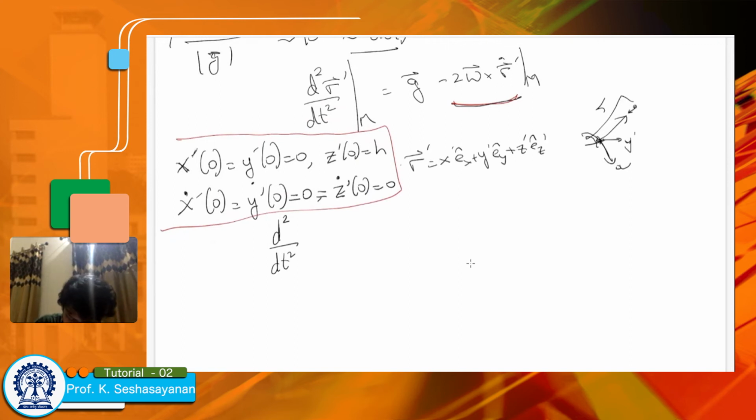This is what I've written here, and this we'll write as a three-row column matrix: x prime, y prime, z prime. This is equal to g. The g is nothing but 0, 0, minus g, so it's only along the local z prime axis. It's along minus z, so that's why you have the minus direction. And you have another term which is 2 omega vector.